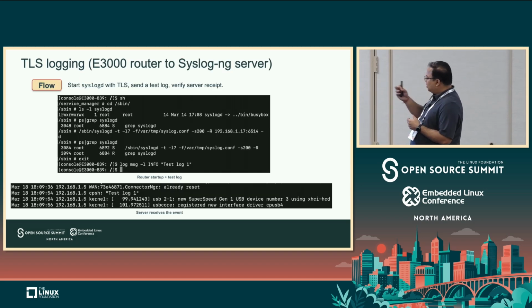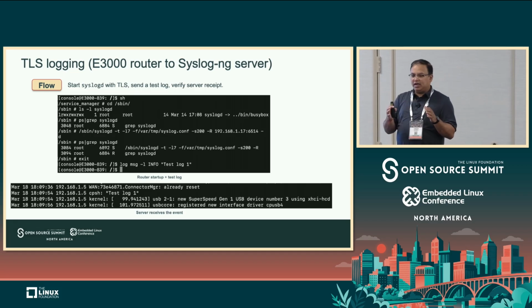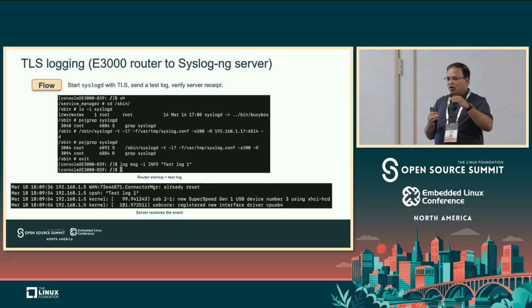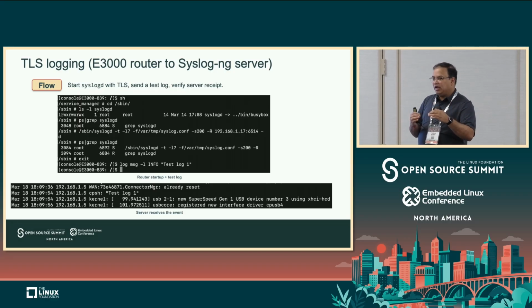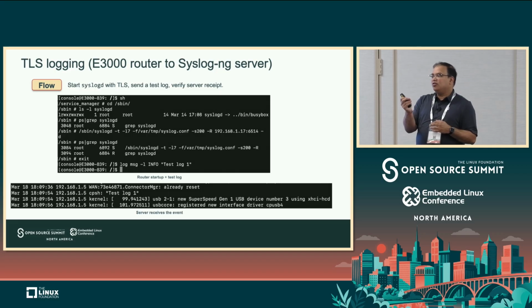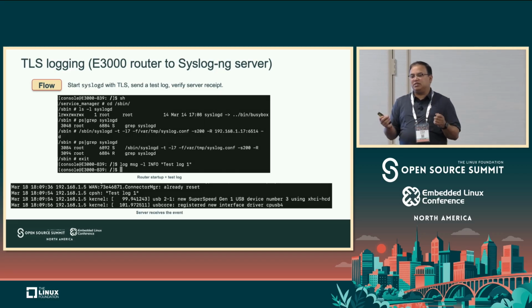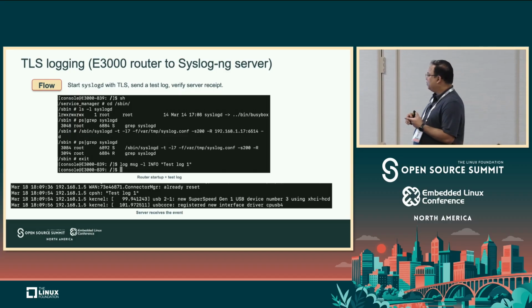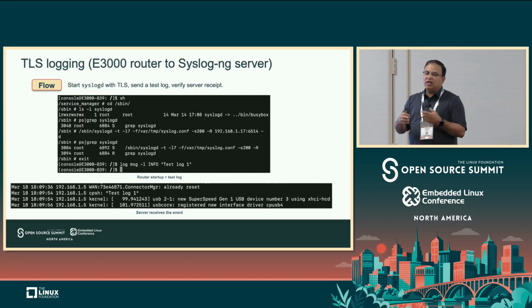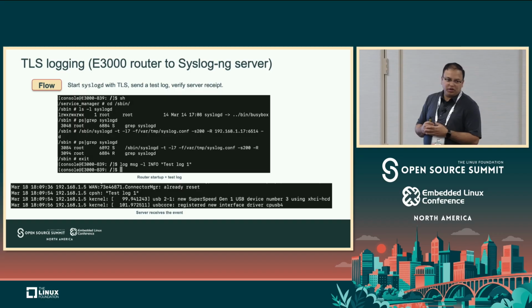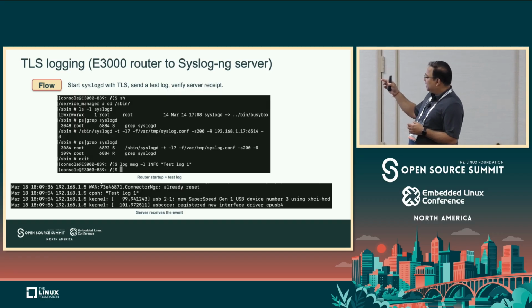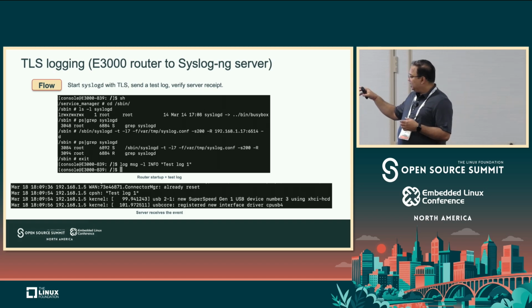To enable the TLS logging, once my router is started, I separated out that daemon. I purposefully did not start the daemon by default, to have the flexibility to start it once my system is up, so that I can give whatever option I want. I can do it with the -D option, the -C option, or the standard remote UDP path. And once the daemon is up, I try to send a message.